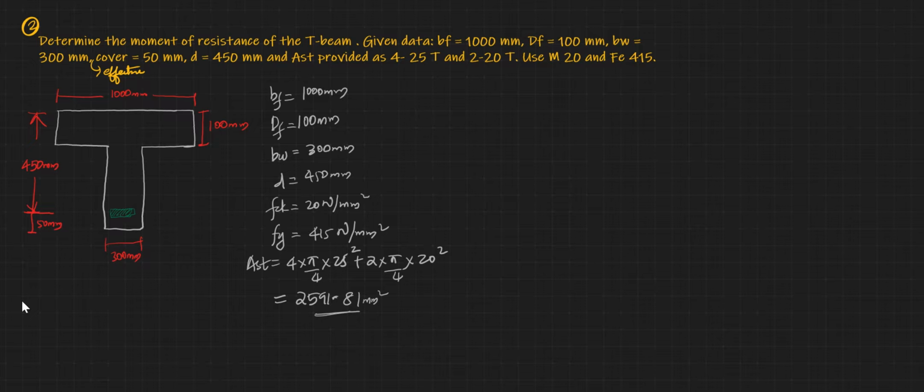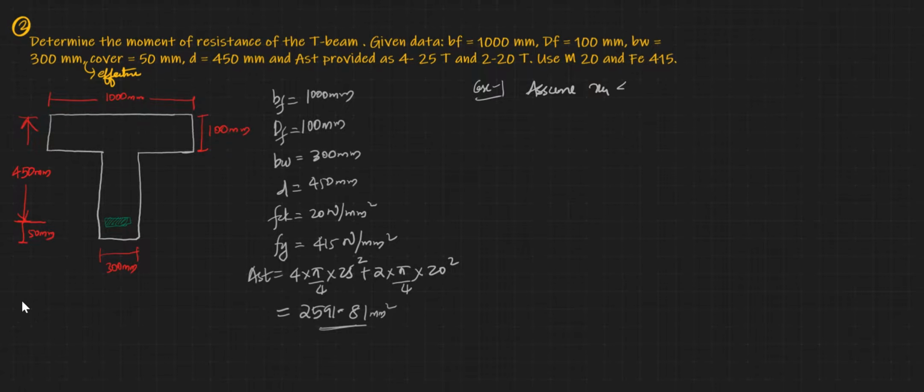Now we are going to see the 3 cases. The first case is when XU is less than DF. That is our first assumption. Assume XU less than DF. Equating total tension and compression, total tension is 0.87 Fy into AST, that is 2591.81, equal to total compression when XU is less than DF, which is 0.36 FCK BF into XU, that is 0.36 into 20 into 1000 into XU.